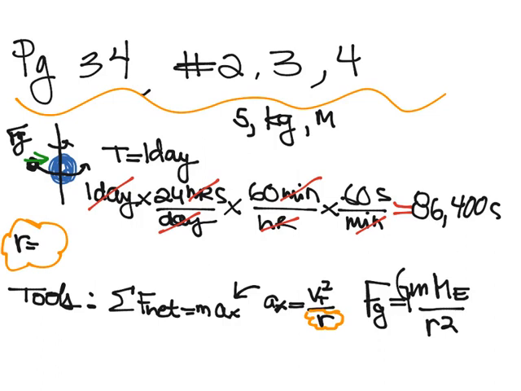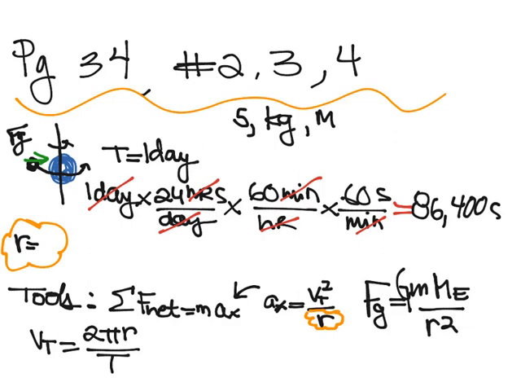So that's pretty much what I'm going to use. The last thing I'm going to use is that my v_t is equal to 2 pi r over T.